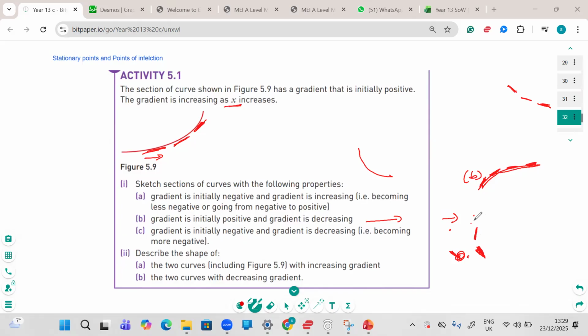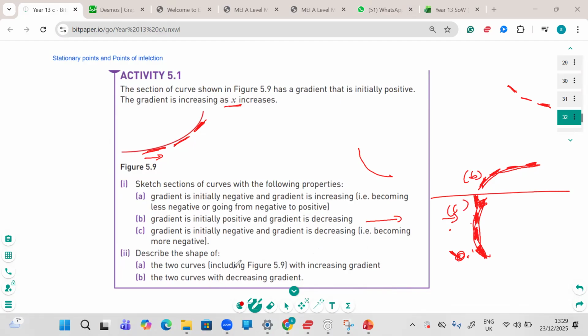Something like this. The gradient is negative, but it is becoming even smaller. It straightens up. So this would be the curve. This is C.